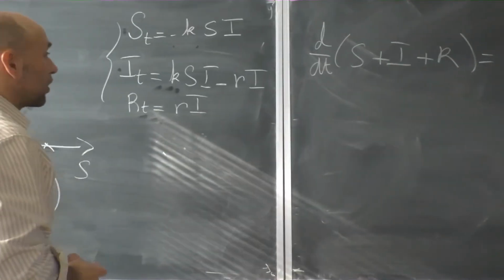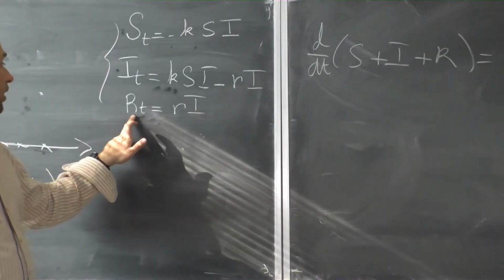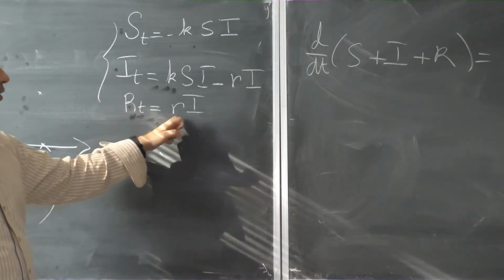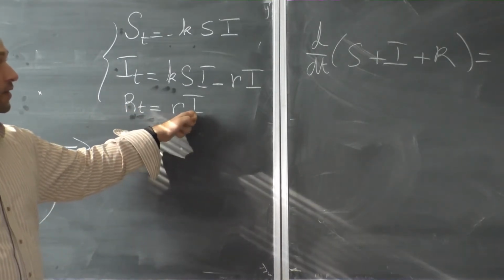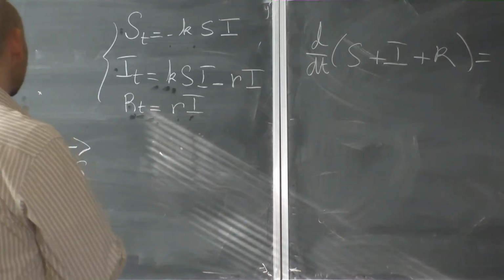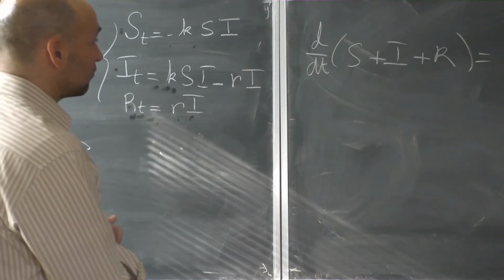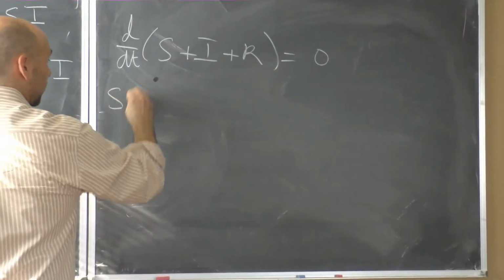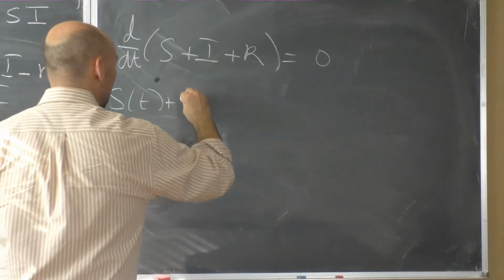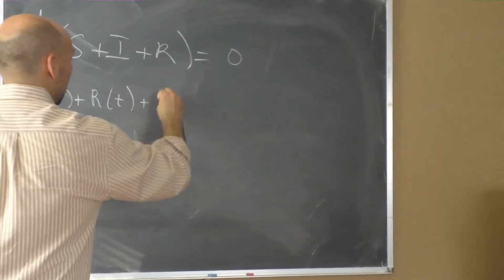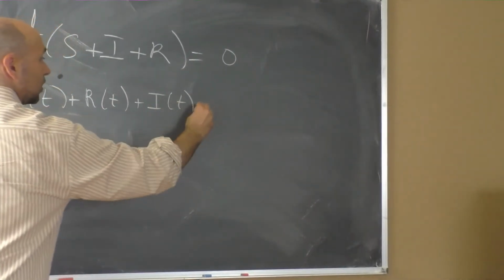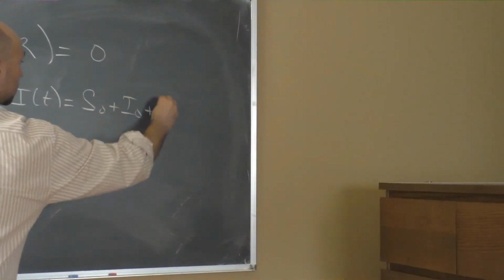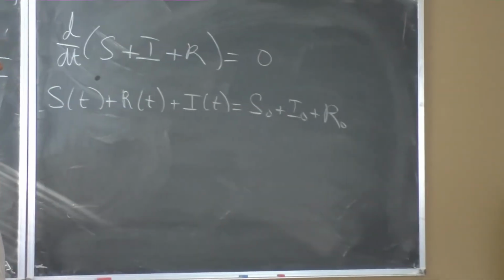And so, if I remark that the derivative of r is always positive, since I remains positive, so this is 0, so we have that s of t plus r of t plus I of t equals s0 plus I0 plus r0, right?